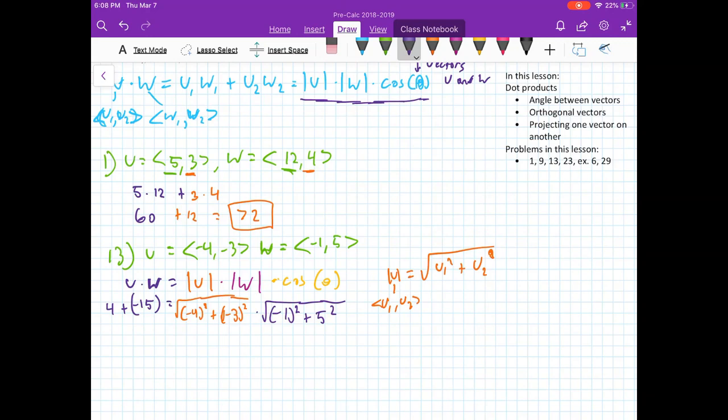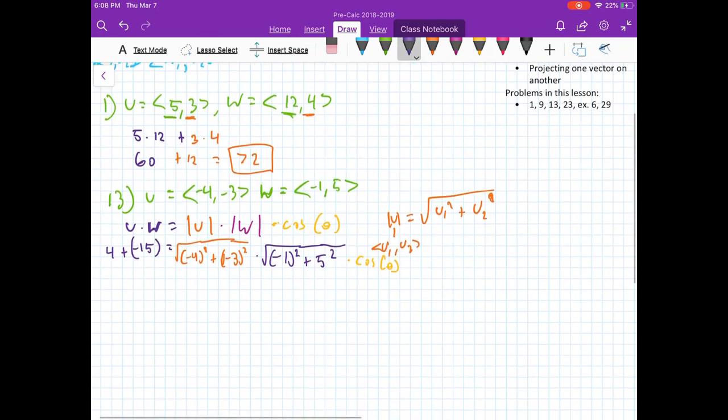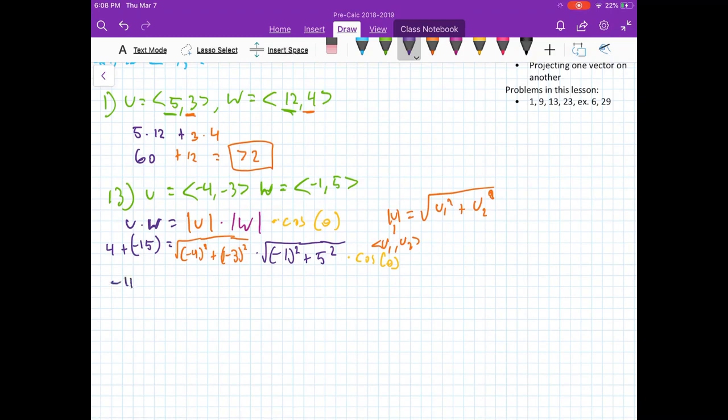Finally, we'll multiply all this by the cosine of theta, and work from here. So back to the beginning, 4 plus -15, that would be -11. And then the first square root, that'd be the square root of 16 plus 9, and then furthermore, times the square root of 1 plus 25, times the cosine of theta.